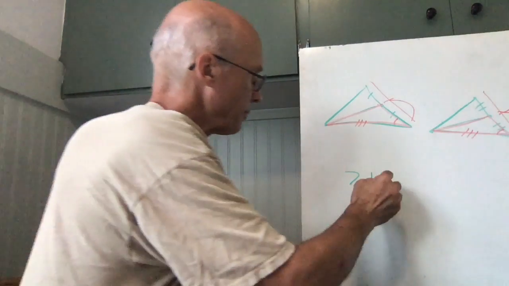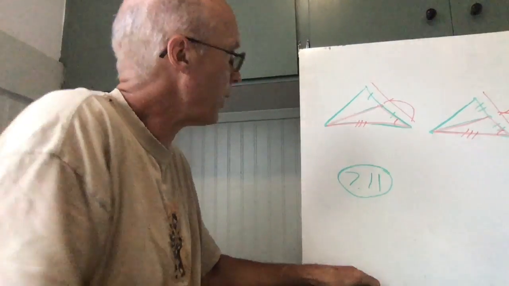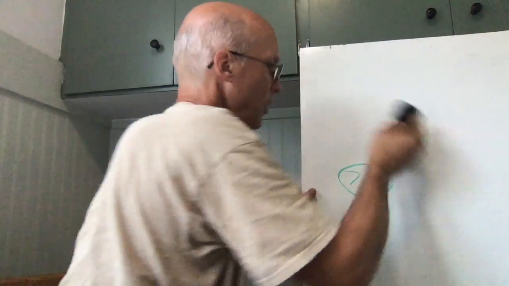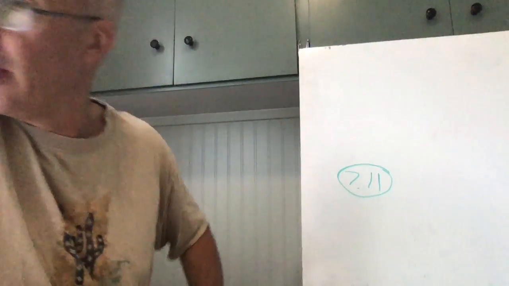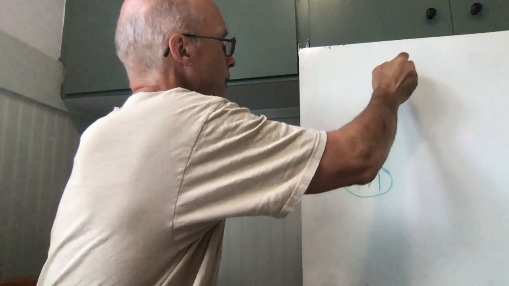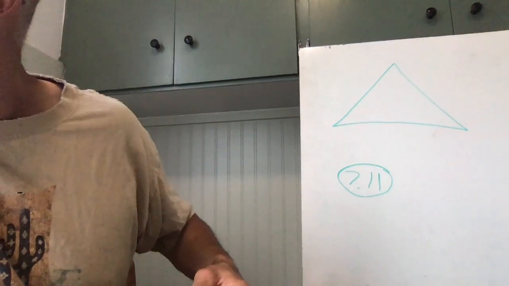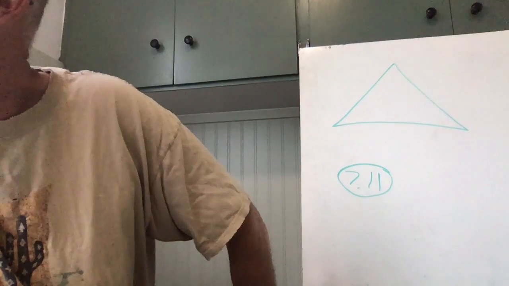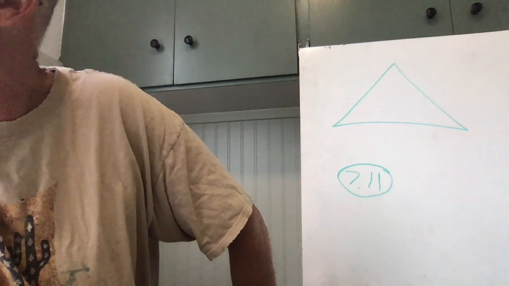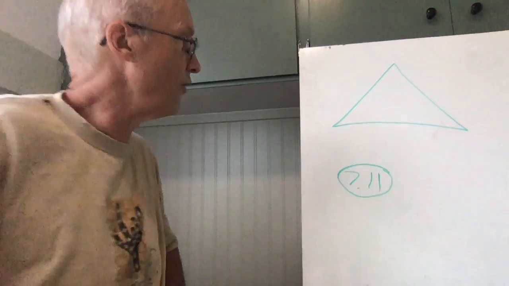Maybe by this time next year when I'm teaching this, I'll understand this better, but I don't really understand why this is a different theorem. 7.11 says that if you have a triangle, it says an angle bisector in a triangle separates the opposite side into two segments that are proportional to the lengths of the other two sides.